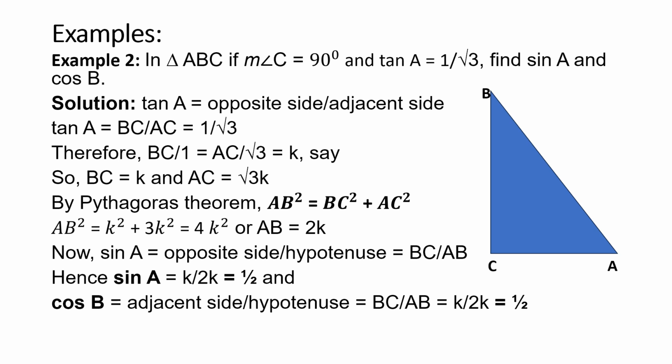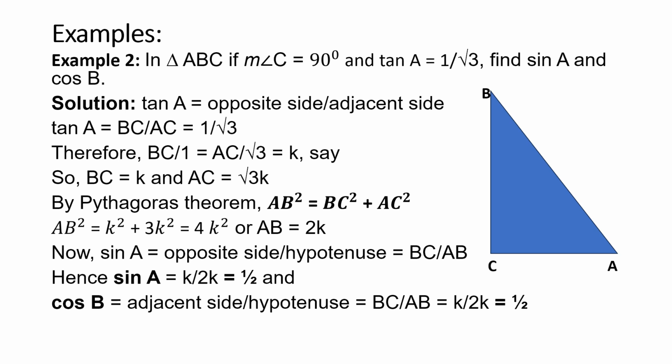First, we are given C is the right angle and tan A is given. What is tan A? Tan A is opposite side upon adjacent side. Which is the opposite side to angle A? It is BC, correct? And the adjacent side to angle A is AC. Tan A is BC upon AC and that is given to be equal to 1 upon root 3.